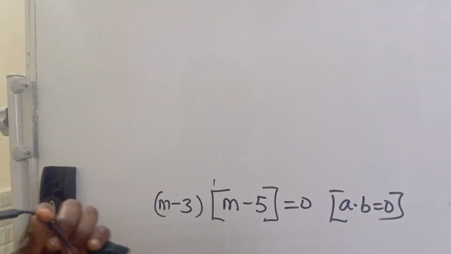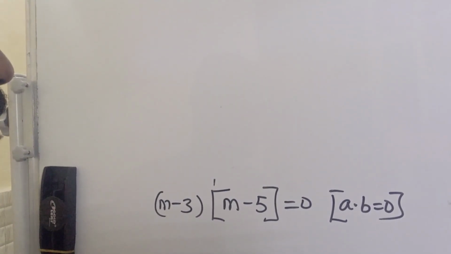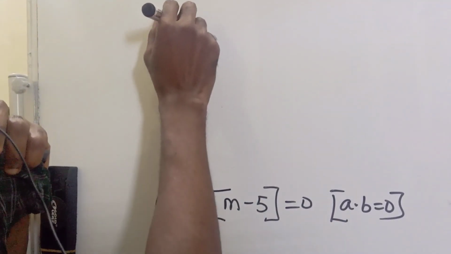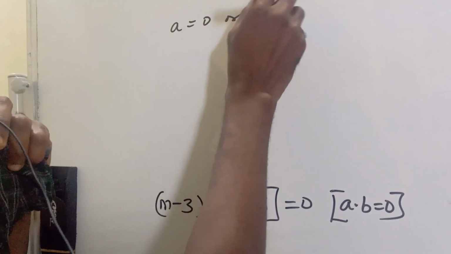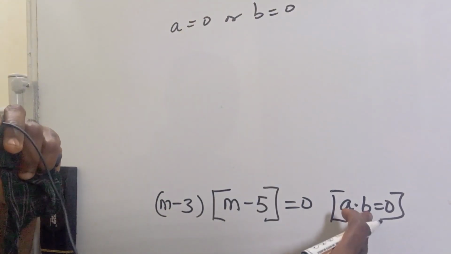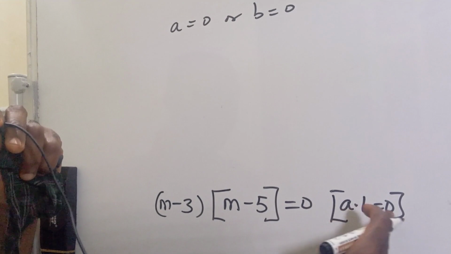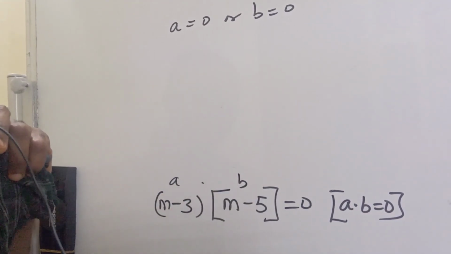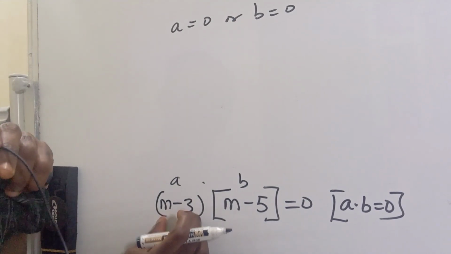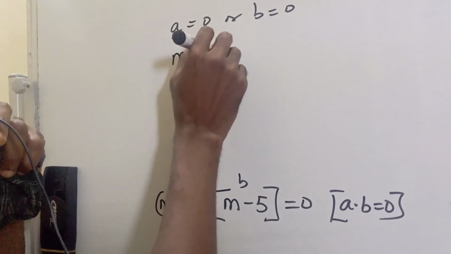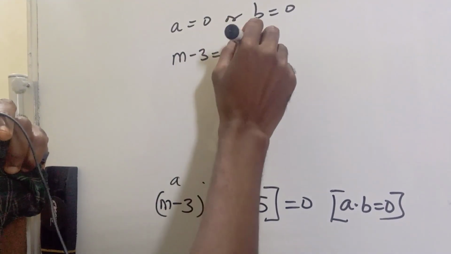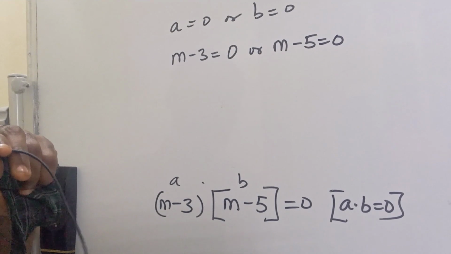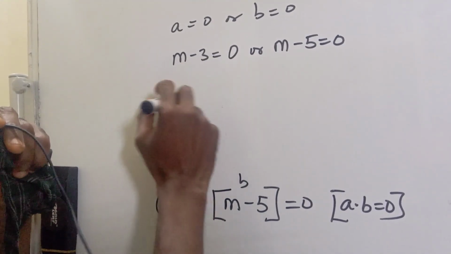So when you have this, it means a is equal to 0 or b is equal to 0, so that 0 times b is 0 or 0 times a is 0. Now this is my a and this is my b. So I can say m minus 3 is equal to 0 or m minus 5 is equal to 0.